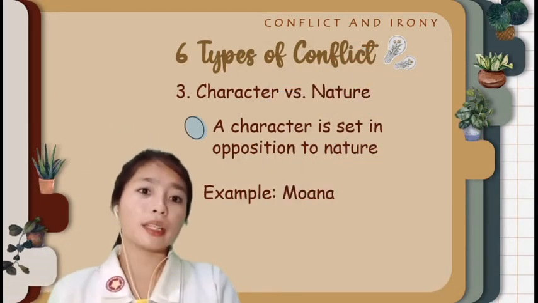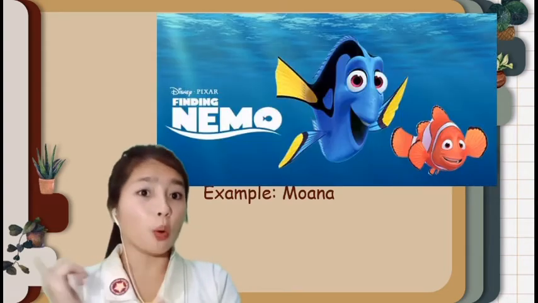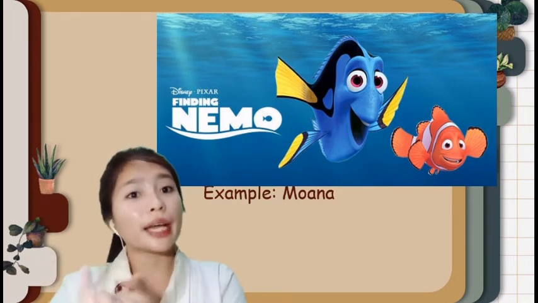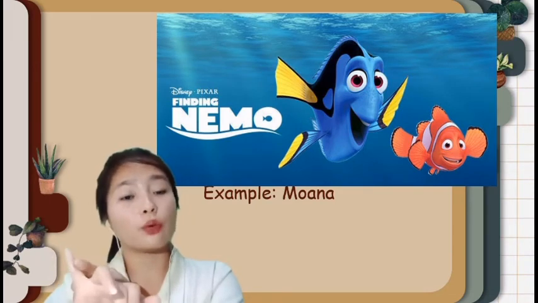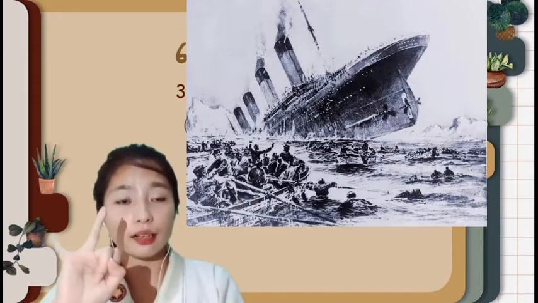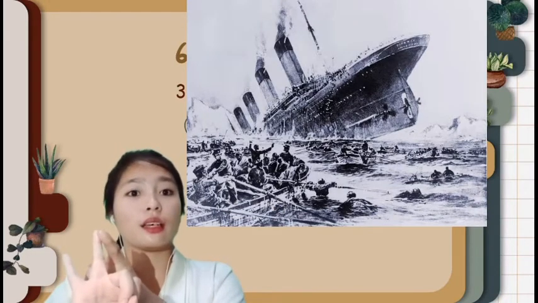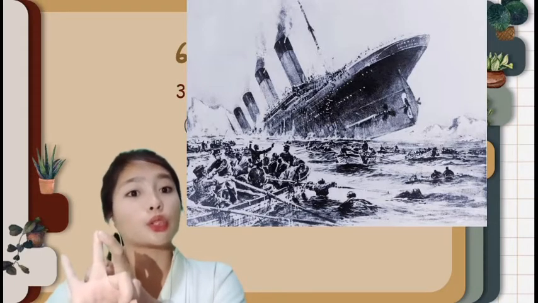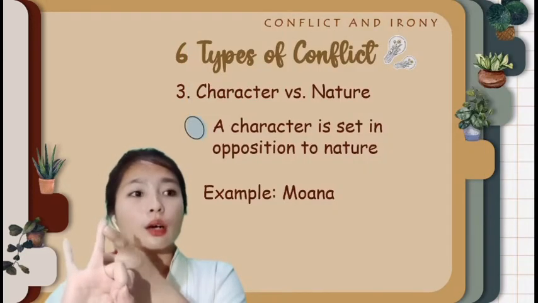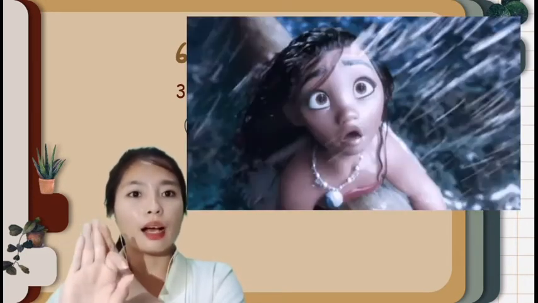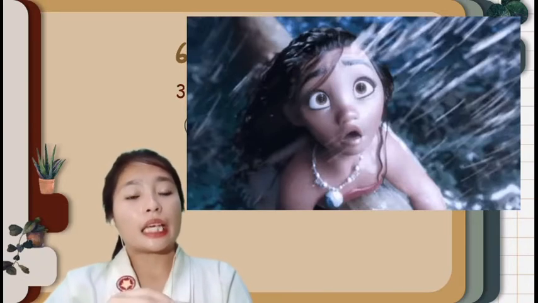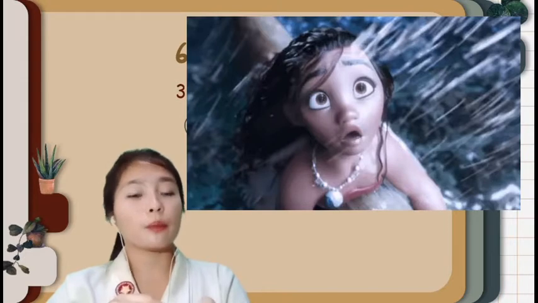So also, the movie is entitled Finding Nemo. They experience different struggles before they find Nemo, which is caused by ocean, nature. In Titanic, they sink, right? They sink. It is not controllable because it is forced by nature, by ocean, right? Also, Moana, when she returned the heart of Te Fiti and she saved her island from curse.